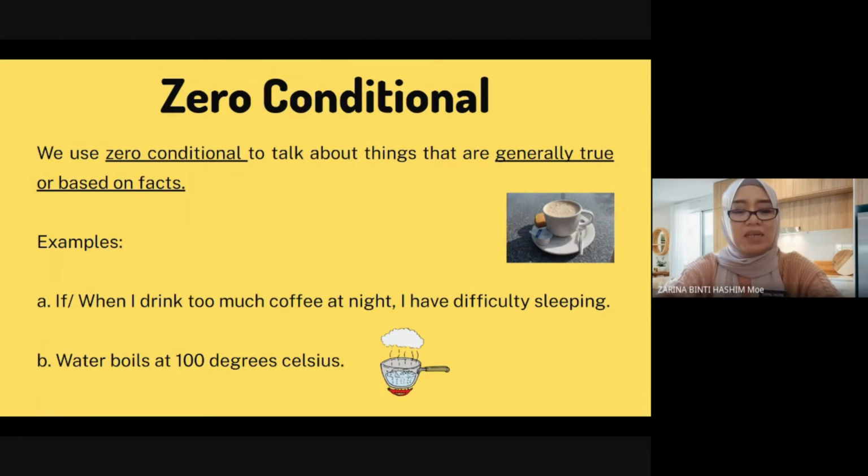But here, the statement that if you exercise regularly you will stay in shape is a zero conditional statement.